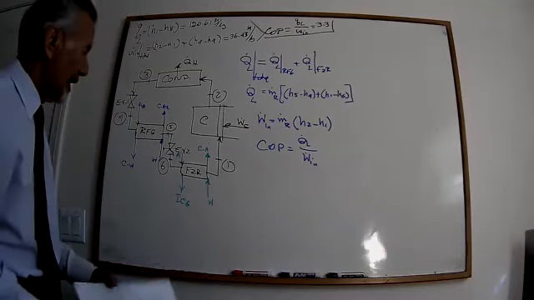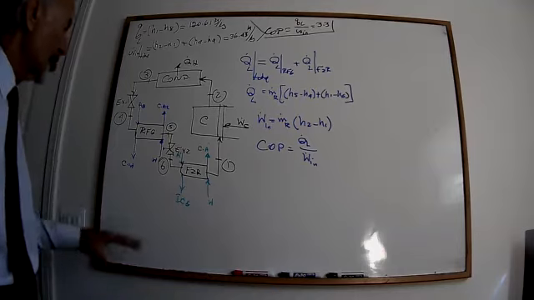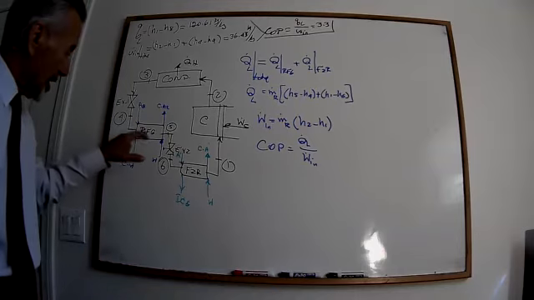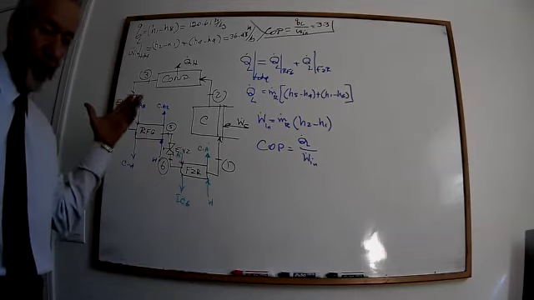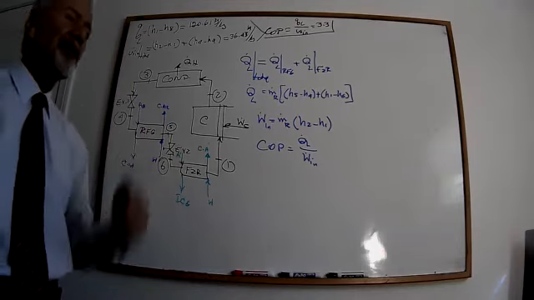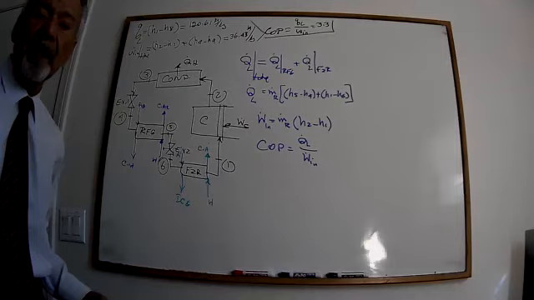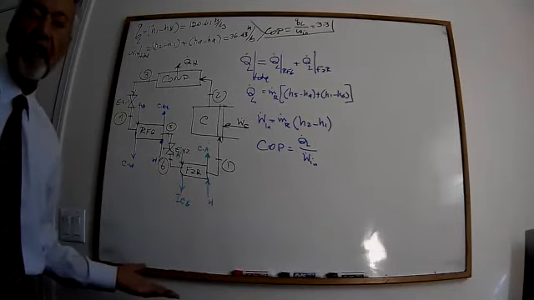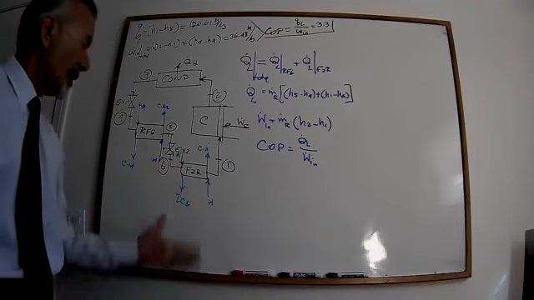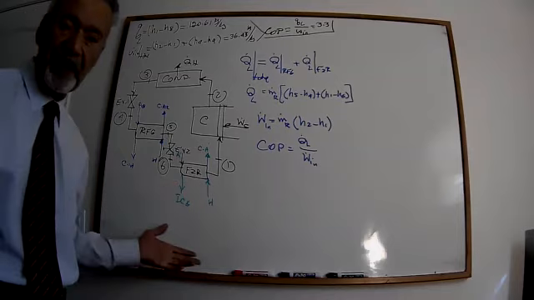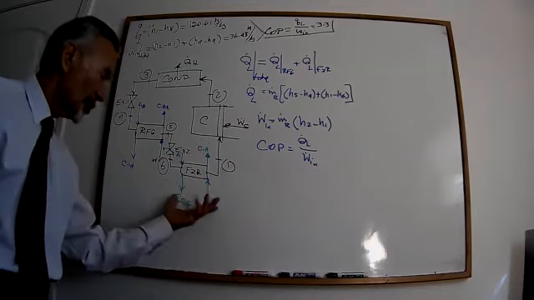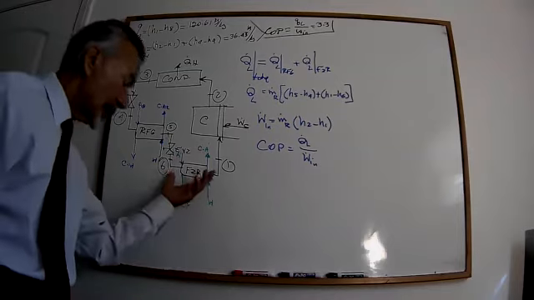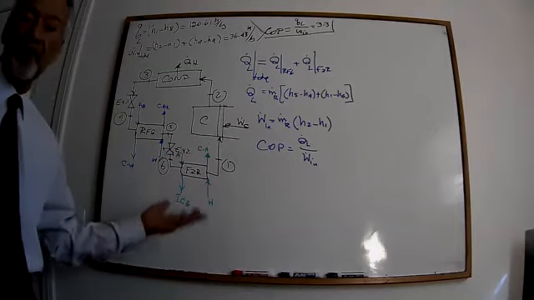But again, my main concern was for you to understand, once we get this QL, we need to use external resources to put them to use. Because those evaporators by themselves are not going to do anything. They're not going to make any cooling or any freezing unless I connect water to it to make ice, or connect air to it so I can use a freezer.